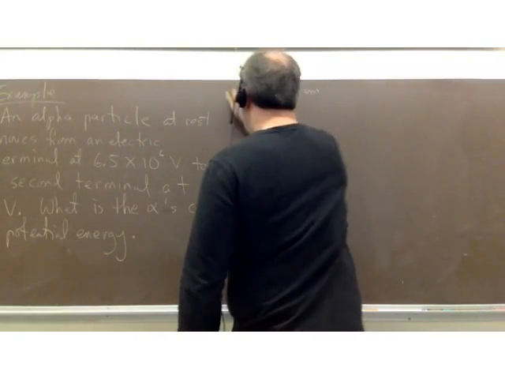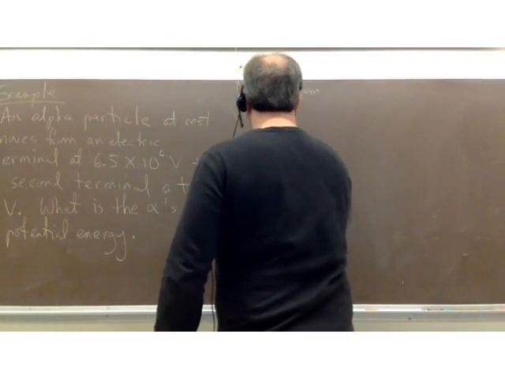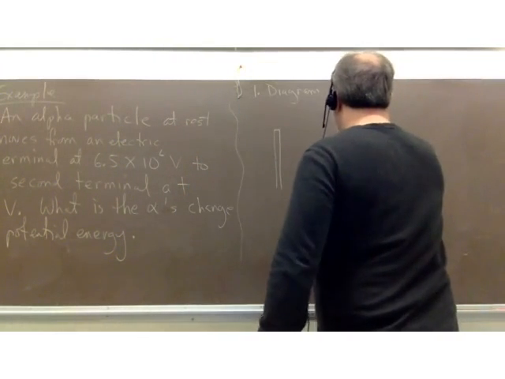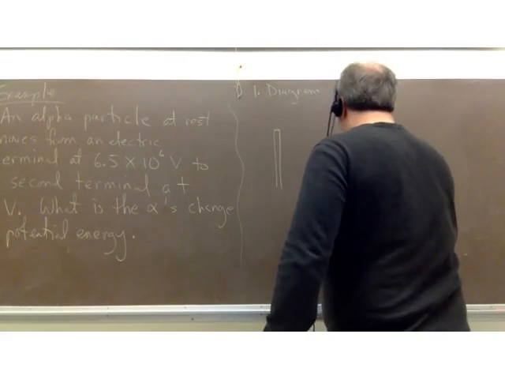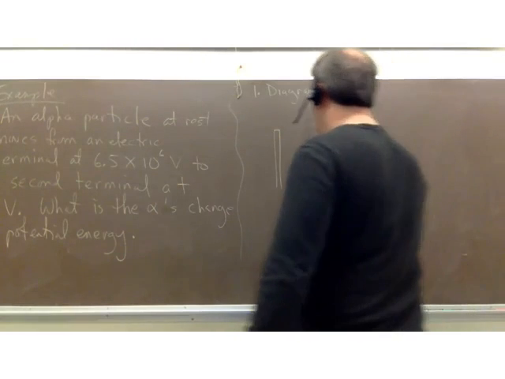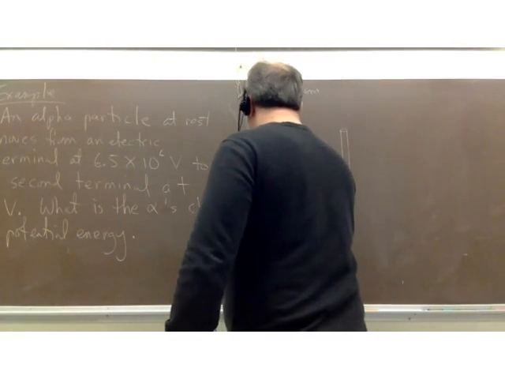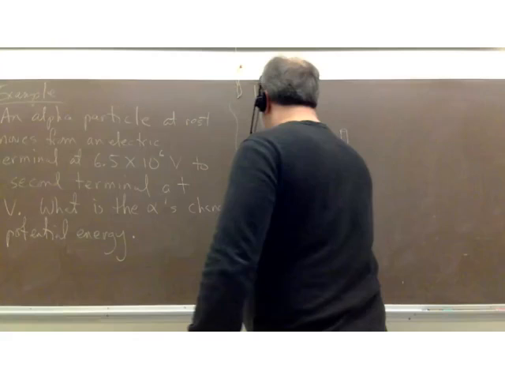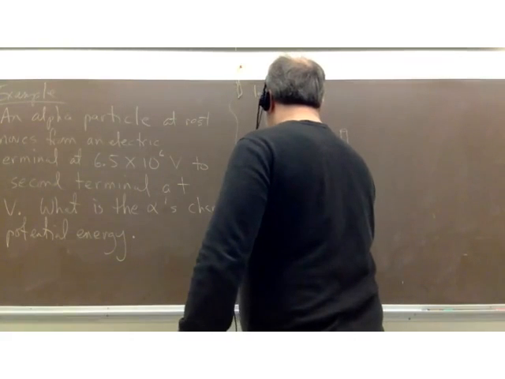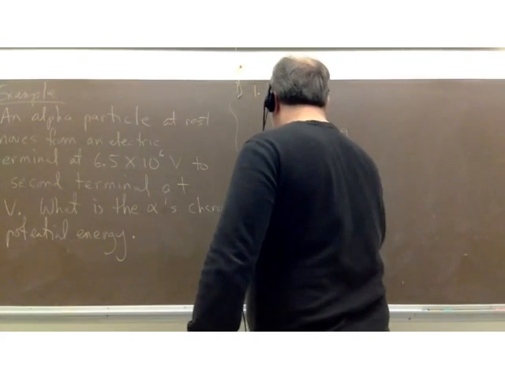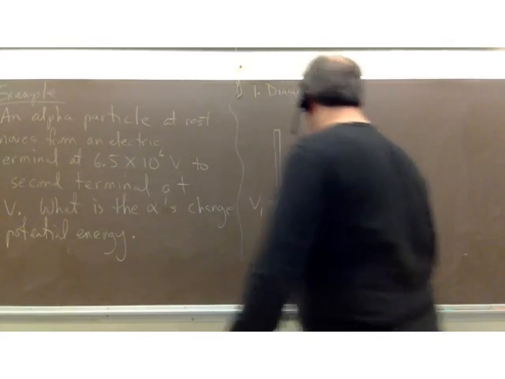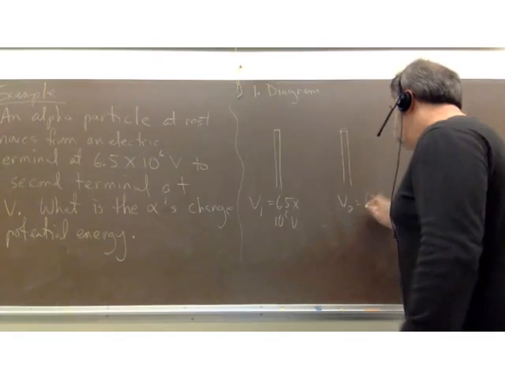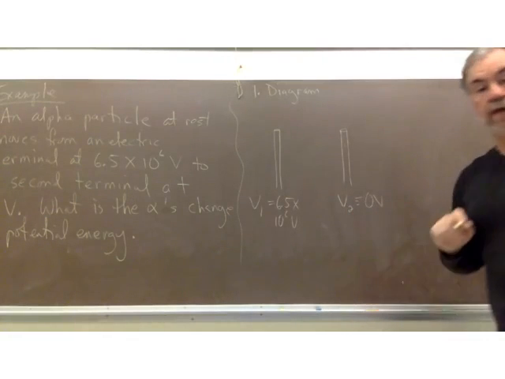So we have a couple of metal poles. This one will be at V1, which is 6.5 times 10 to the 6 volts. This one here, V2, is 0 volts. But that's defined to be.